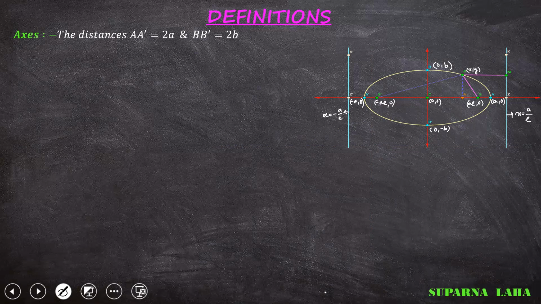A dash, this distance is 2a, and this is called the major axis, and B dash is called the minor axis, where a is greater than b. So A dash is the major axis and B dash is the minor axis.